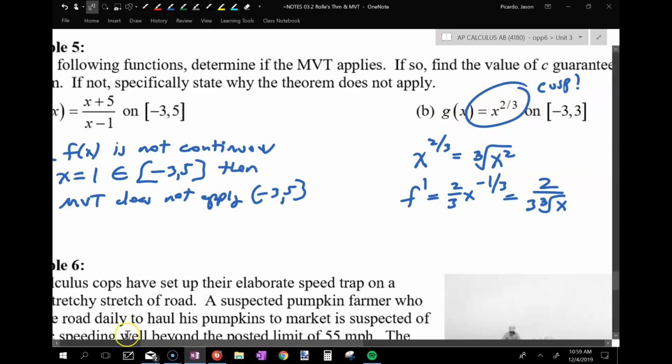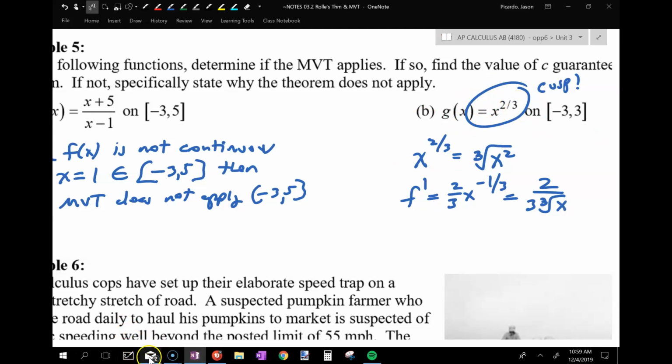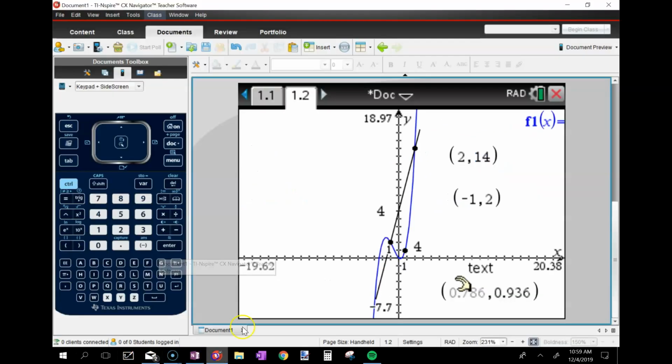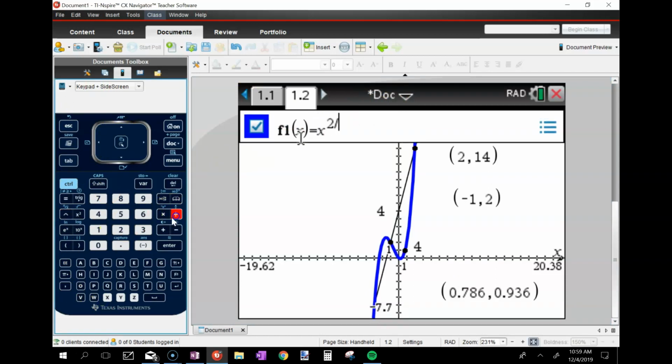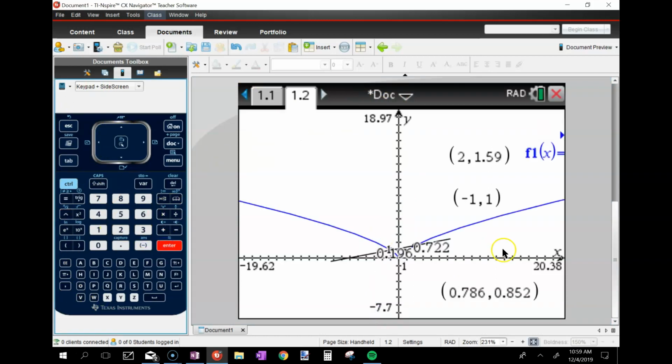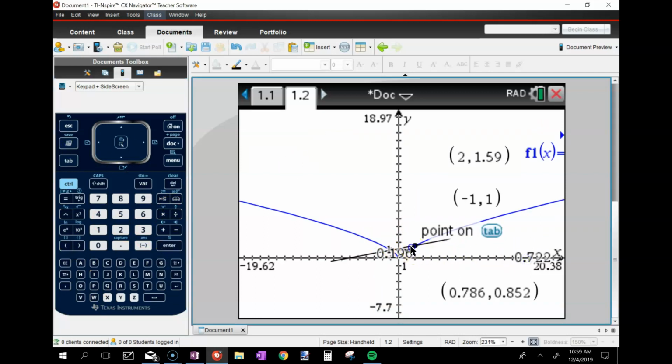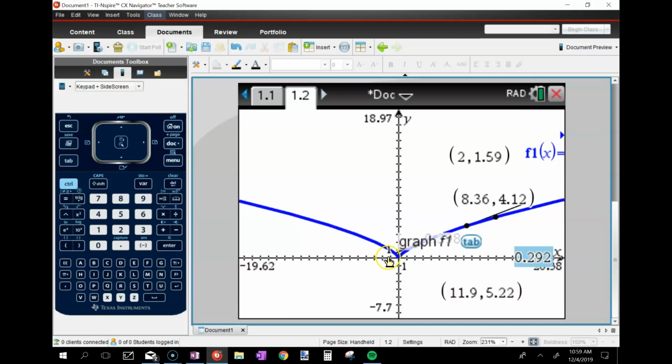Now, if you were to look at what this graph is, it's x to the 2/3. And there's your graph, right? And we see that that cusp happens at 0, right? And so since it's not differentiable there, the mean value theorem doesn't apply. Cool?